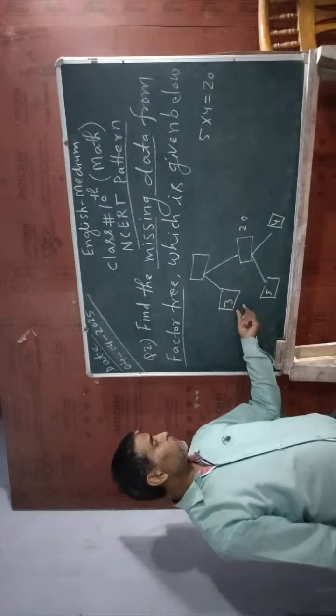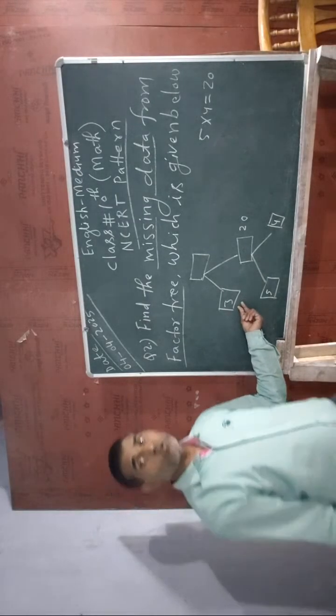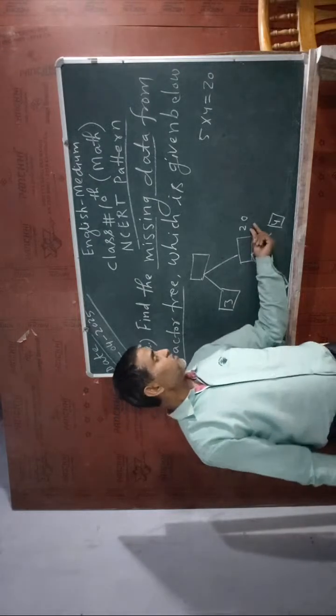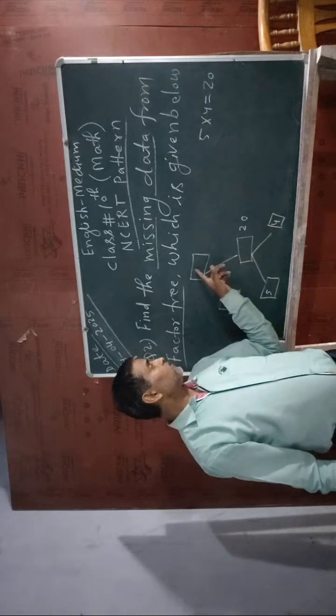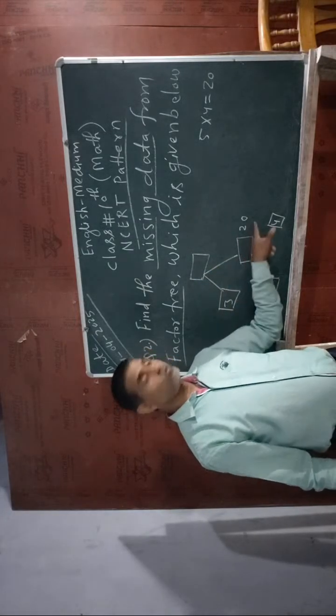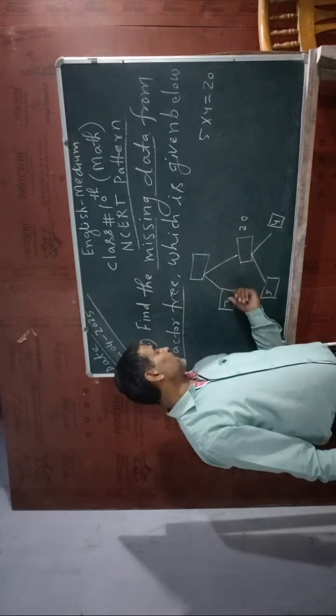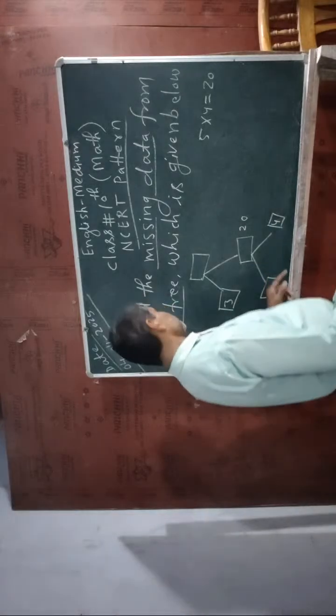It means that at this location the value is 3, at this location the value is 3, at this location the value is 20. So the value of this location you can get simply by multiplication of 3 into 20. After multiplication you will get 60.